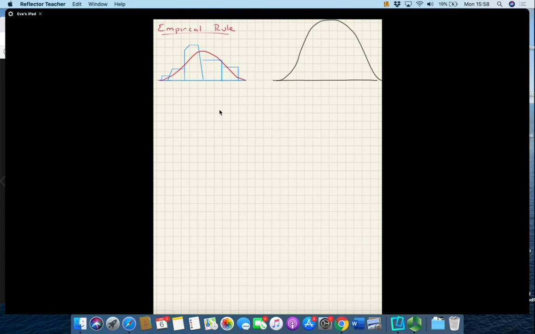Okay. So in other words, here on the y-axis, I have frequency. So in other words, if this was shoe sizes and this was for men, it was shoe size, 8 to 9, this was 10 to 11, this was 12 to 13, this was 6 to 7, and 3 to 4.